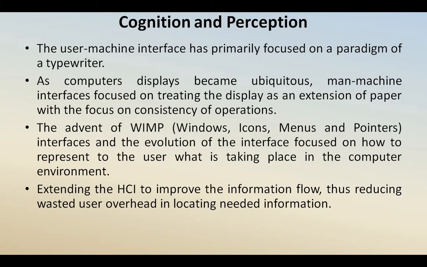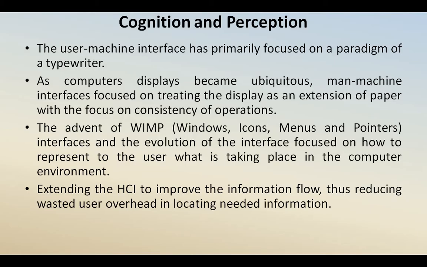Later we have other kinds of interfaces, like WIMP interfaces: windows, icons, menus and pointers. It is an integrated environment where we can have all the commands and everything in visual content, which is in a highly human understandable form.